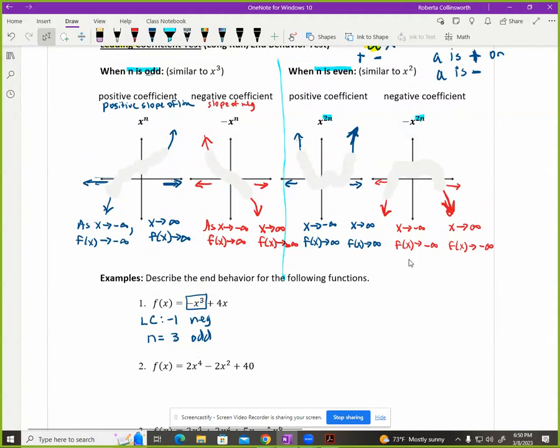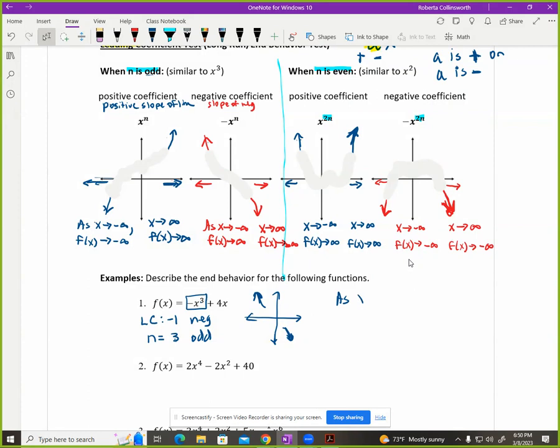Here's odd, where n is odd. And if I have a negative coefficient, I know it's going to look like this. So my graph of this equation is going to look like this. My end result. There's going to be some stuff happening in the middle, but I'm just going to care about the end results right now.